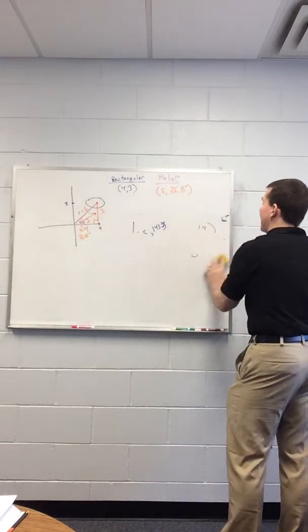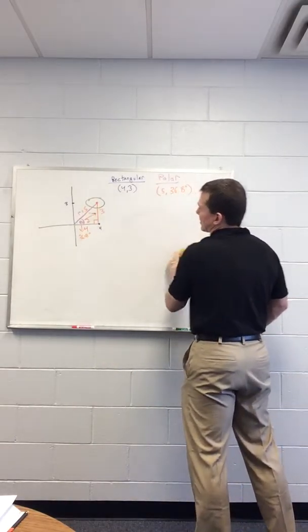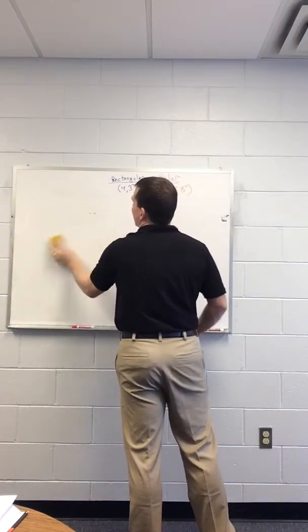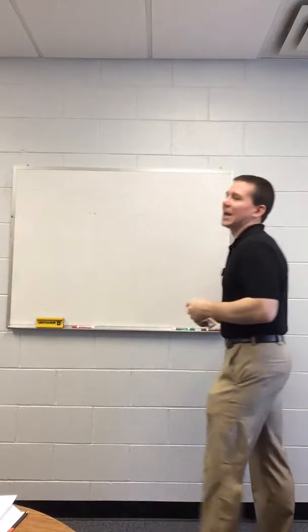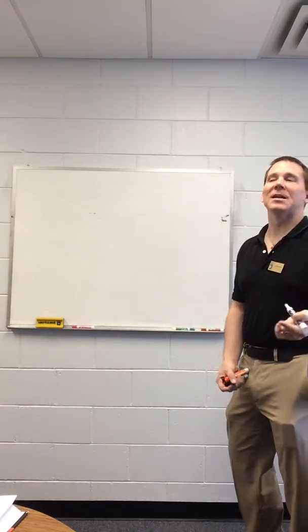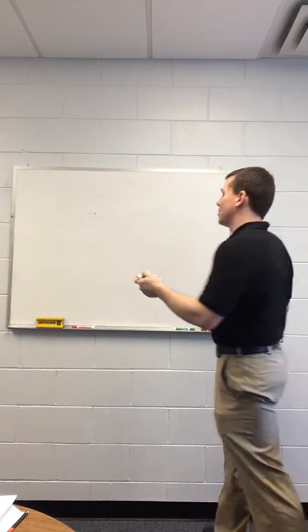One of the things that came out of this, and I'm not going to rehash all the math to solve it because we've already done it, but if you draw a triangle, you can get these equations that relate polar coordinates and rectangular coordinates.